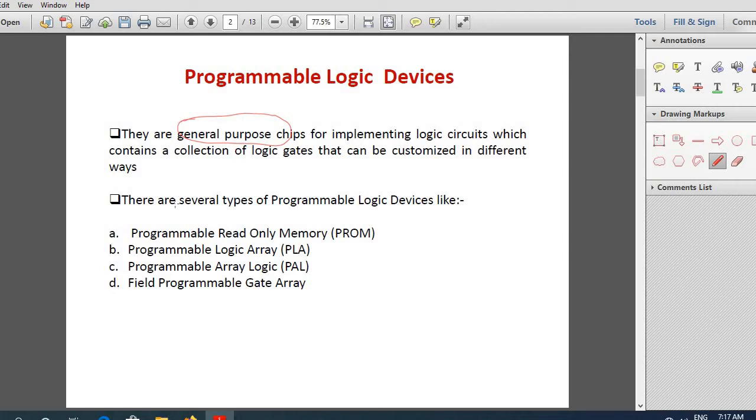There are many types of programmable logic devices, for example, programmable read-only memory, programmable logic array, programmable array logic, and field programmable gate array.